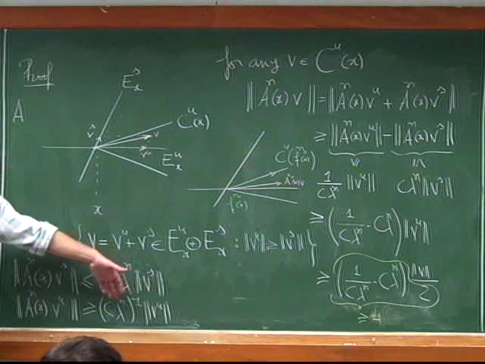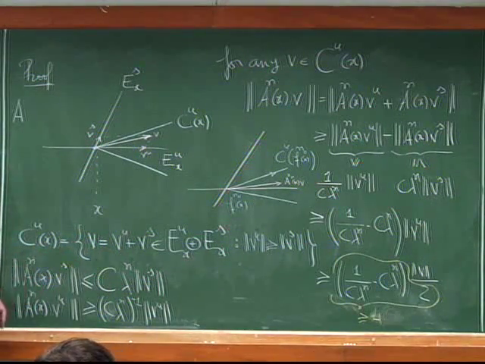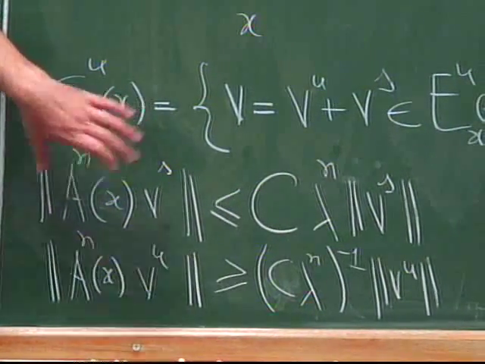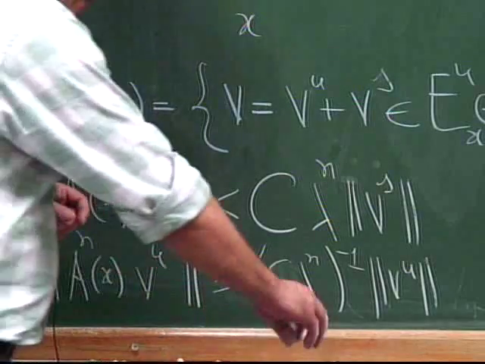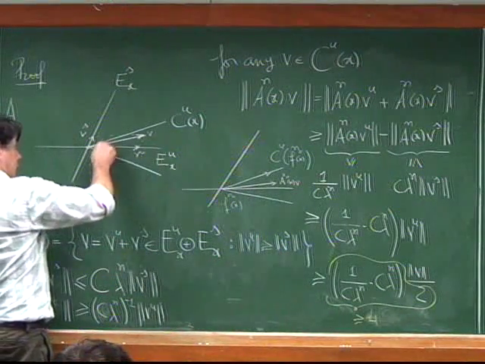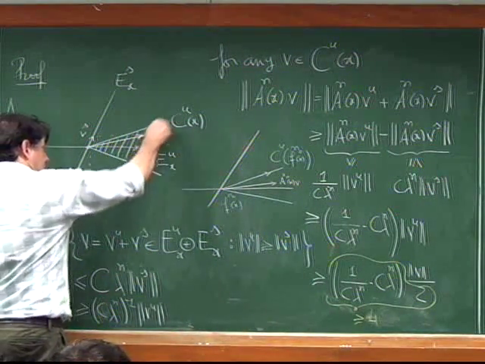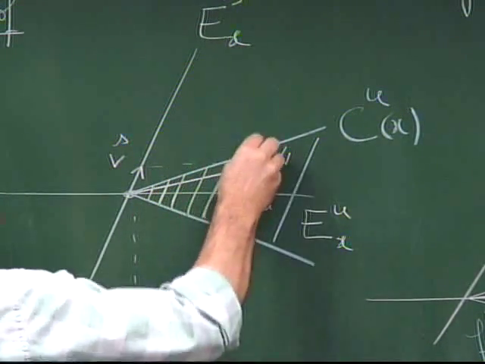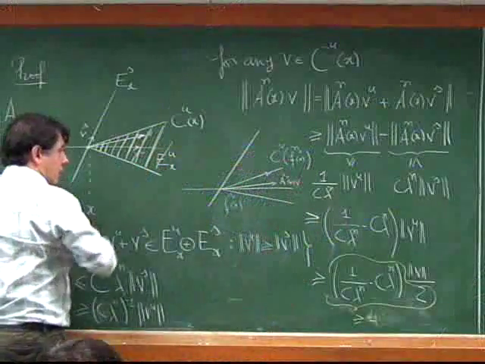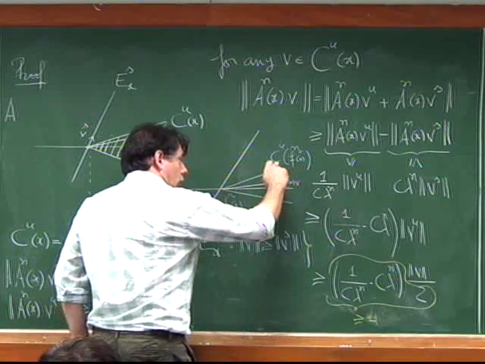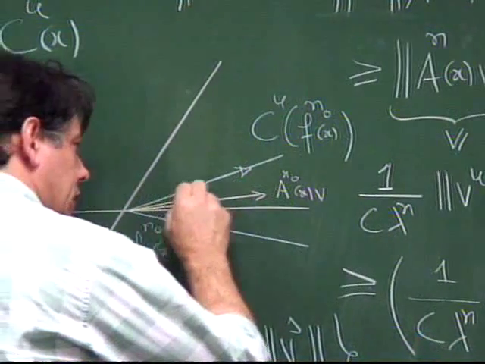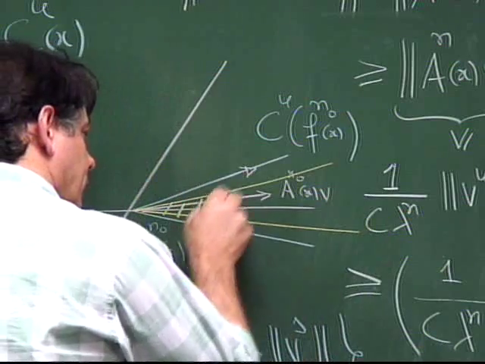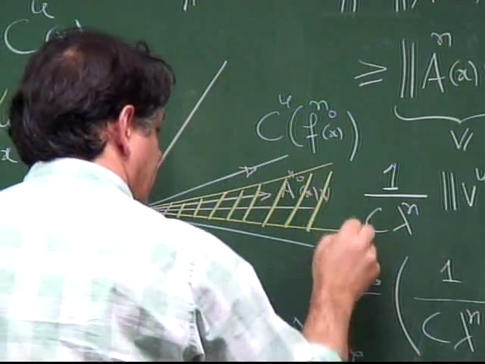Vu becomes twice as big. So in the end, this one is 4 times bigger than this one. Okay? So what's the advantage of that? The advantage is that it tells me that if I start with any vector here, its image will be contained not only in C, it will be contained in a strictly smaller cone, C star.